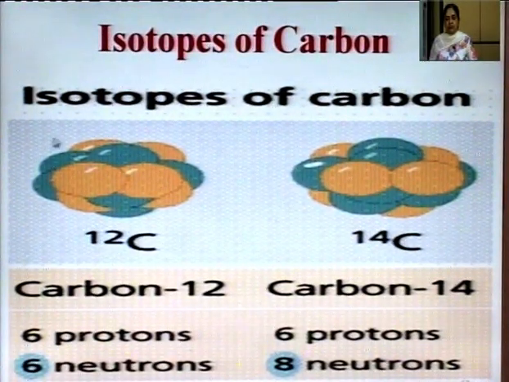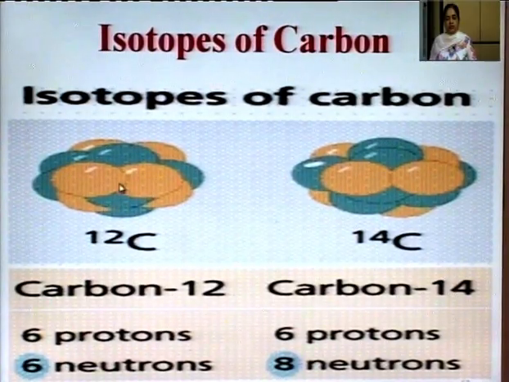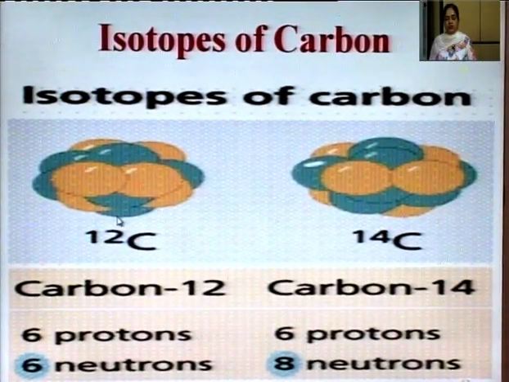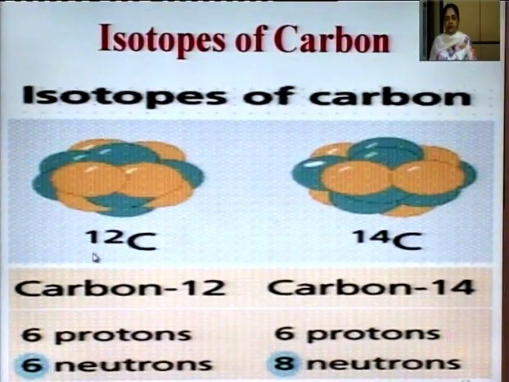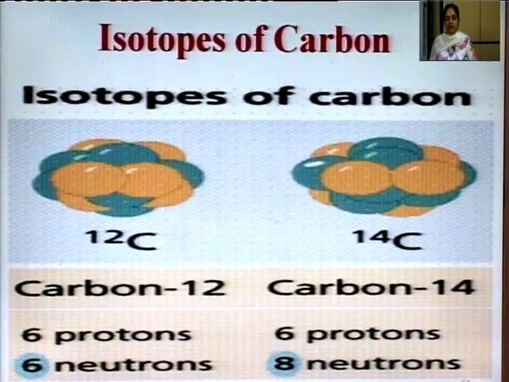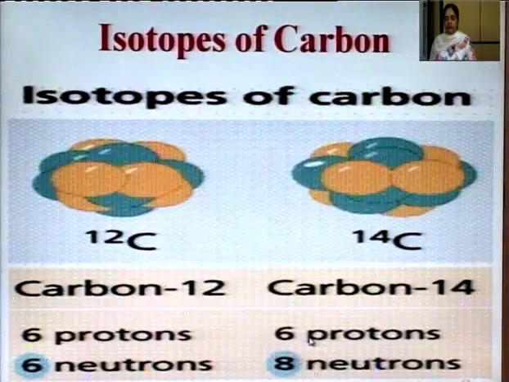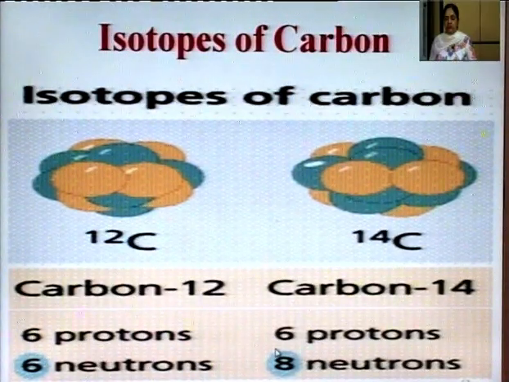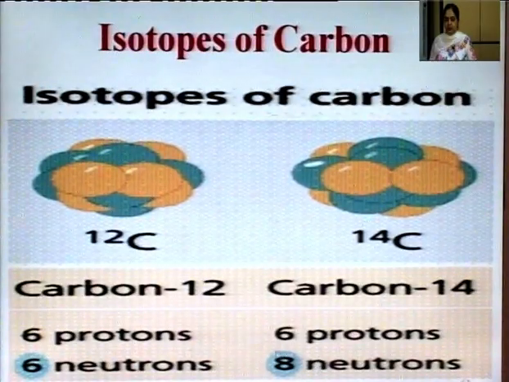Isotopes of carbon: it has two isotopes, C12 and C14. In C12, it has 6 protons and 6 neutrons. In C14, 6 protons and 8 neutrons. So these are the isotopes of carbon.